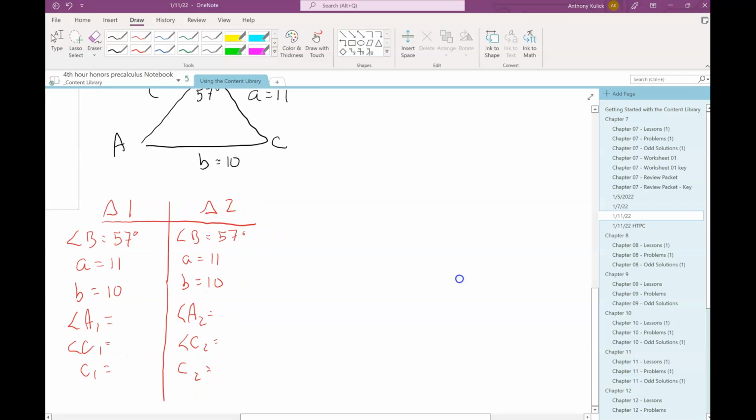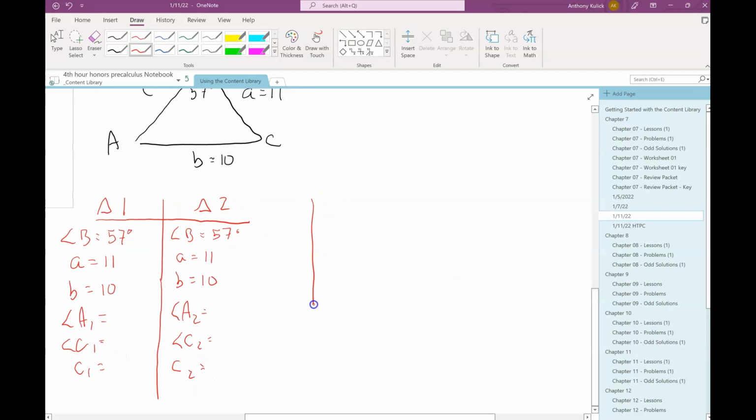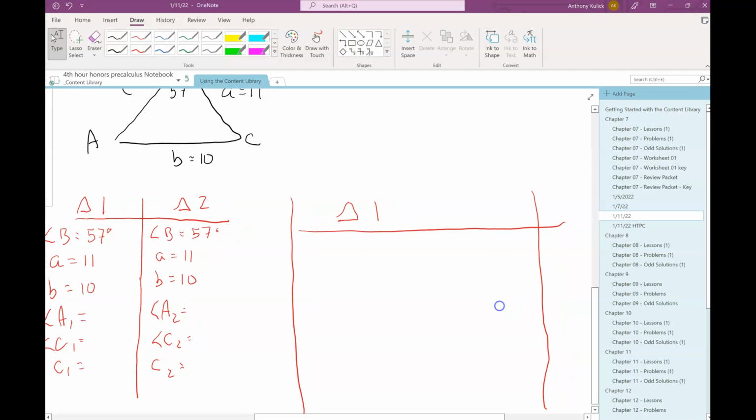Cool. So now I'm going to make a space for my work. So I'm going to make a space for triangle 1 and for triangle 2, just so I can stay organized. Typically, the way I like to do this is to do all of triangle 1 first and then go all through triangle 2 second.